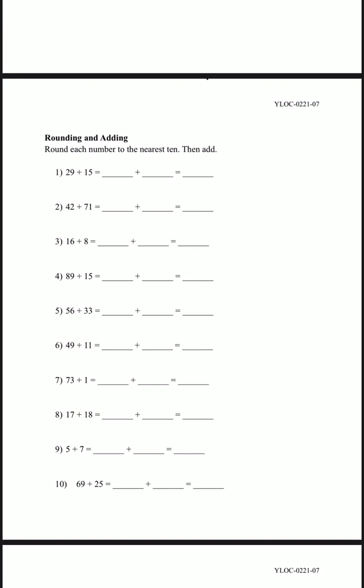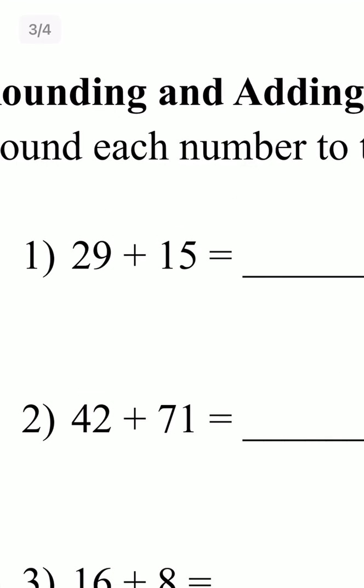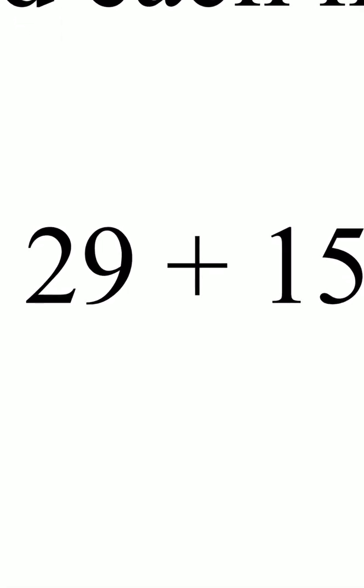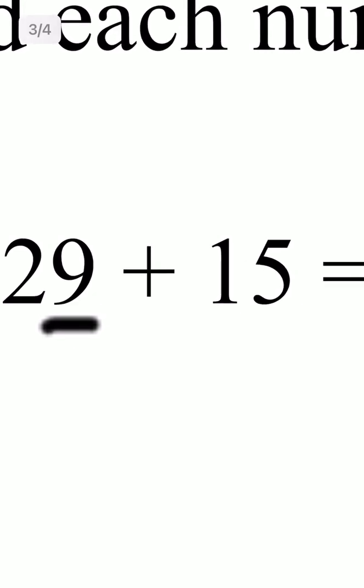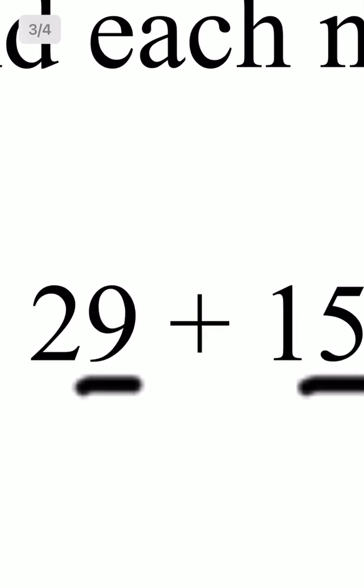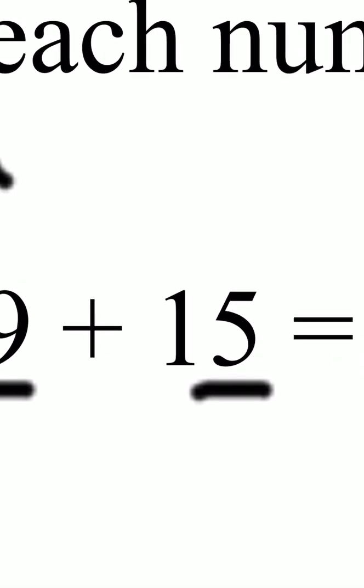For this part, we have to round each number to the nearest 10, then add. Let's look at number 1. So we have 29 plus 15, and 9 is on the ones place, and 5 is on the ones place. So for 29, we need to round it up. And for 15, we also need to round it up.